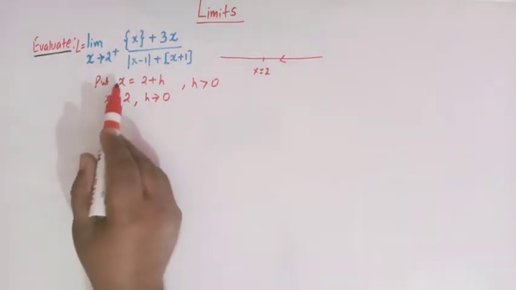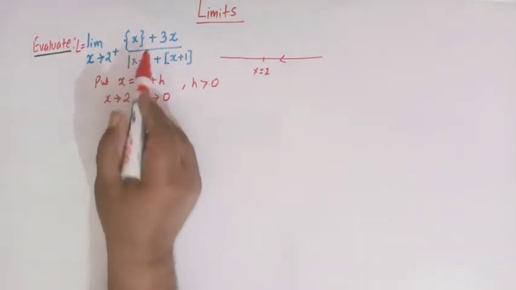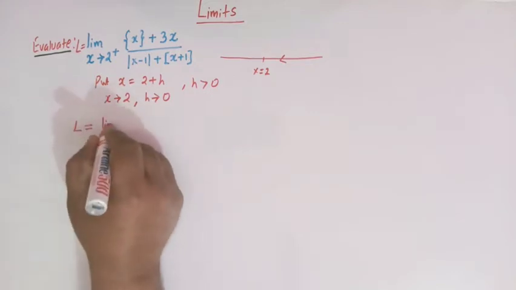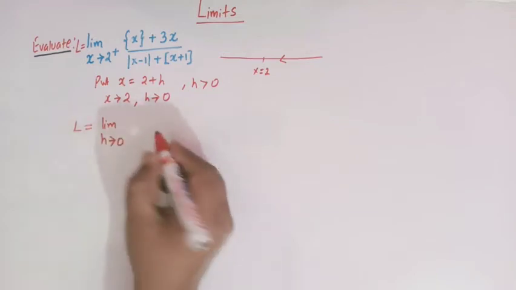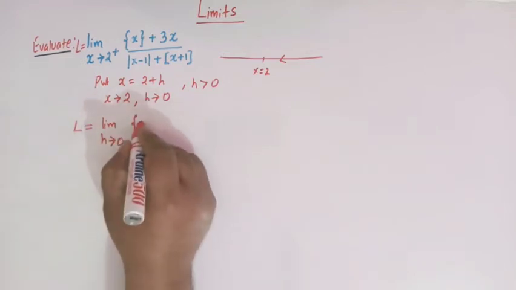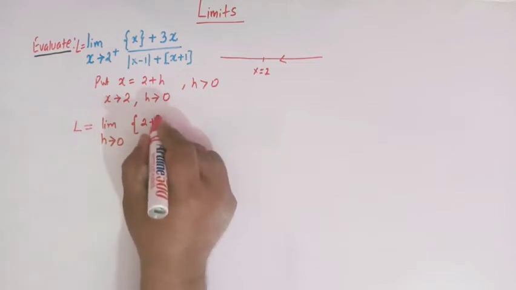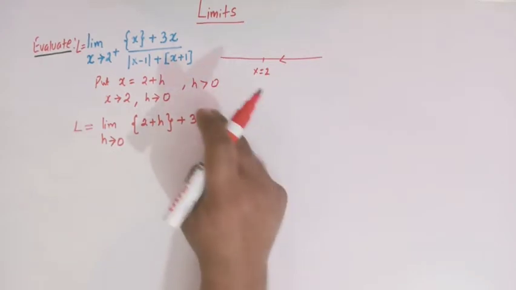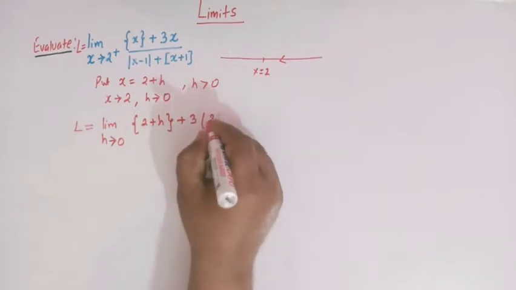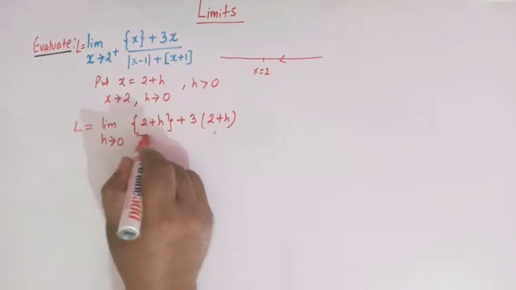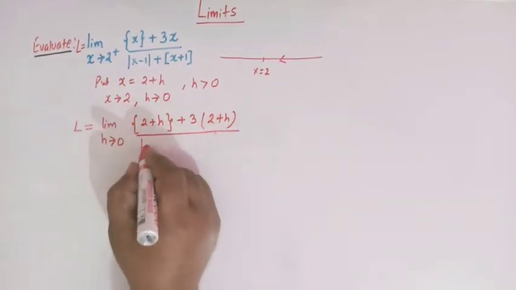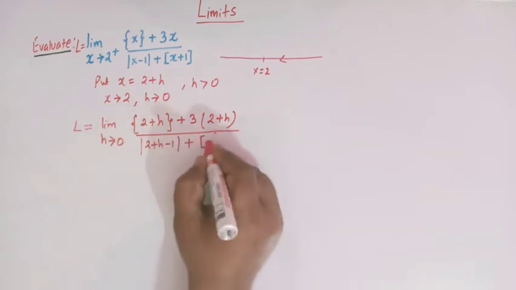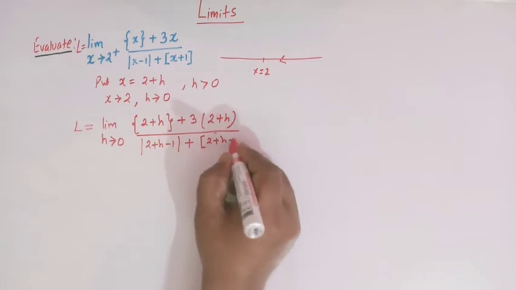Making this substitution, x is equal to 2 plus h, this limit L is now equal to limit h tends to 0 of fractional part of 2 plus h plus 3 times x, which is 2 plus h, and in the denominator we have mod of 2 plus h minus 1 plus greatest integer of 2 plus h plus 1.